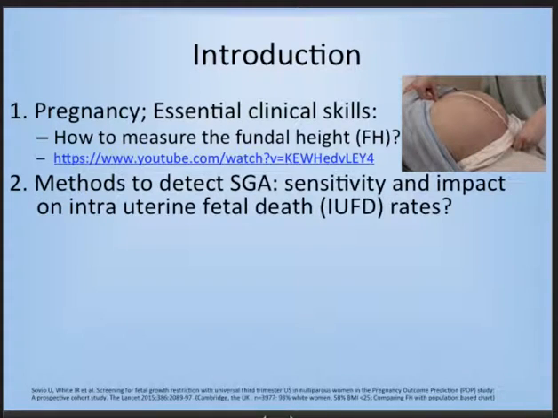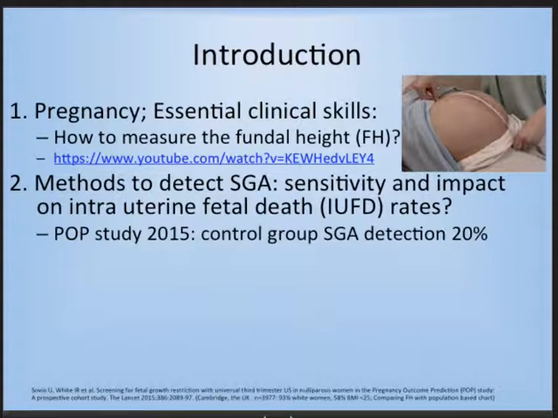The second topic discussed already, we looked at different methods to detect SGA, their sensitivity, how good they were to detect the small for gestation baby, and eventually, what's most important of course, what impact it would have on the intrauterine fetal death rates.